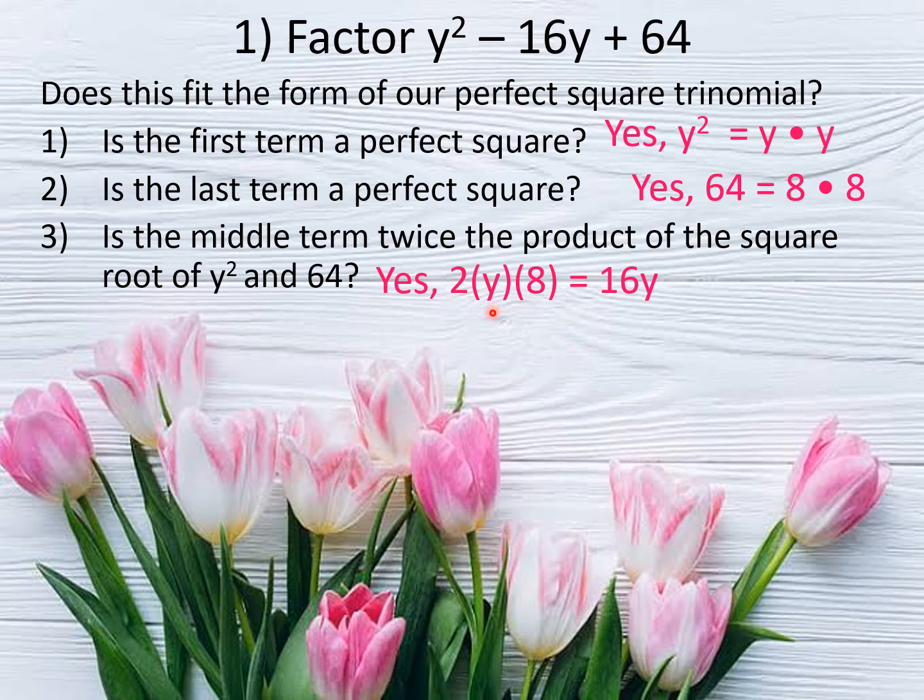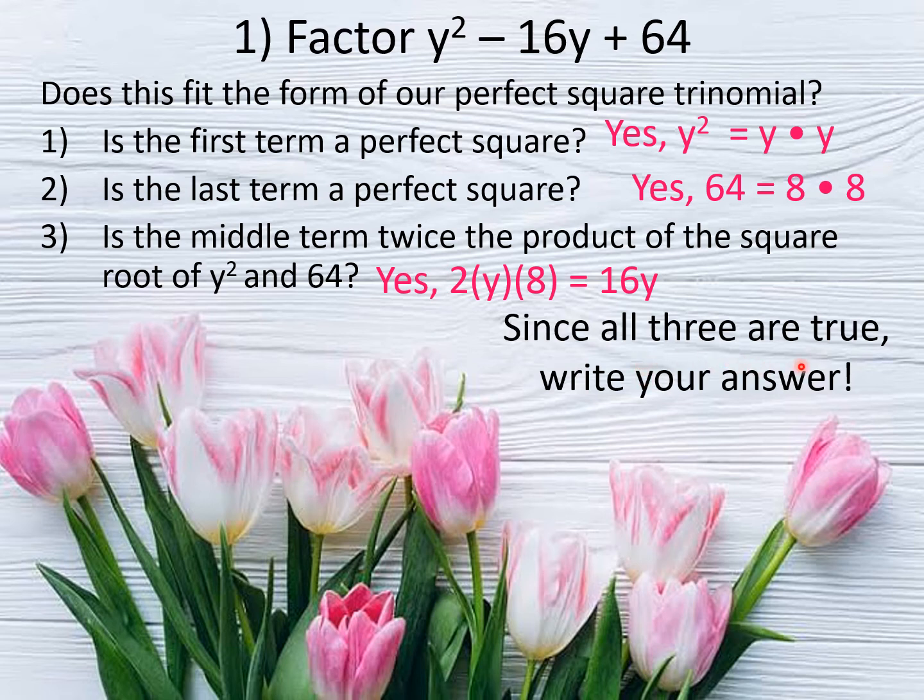So, asa gikan si y og 8? So, y comes from y squared. The square root of y squared is y. And the square root of 64 is 8. So, 2 times y times 8 equals 16y. So, ang atong given can be considered a perfect square trinomial.